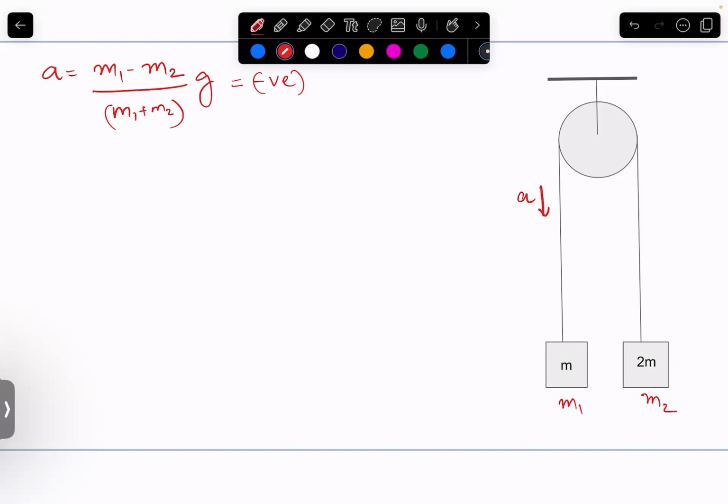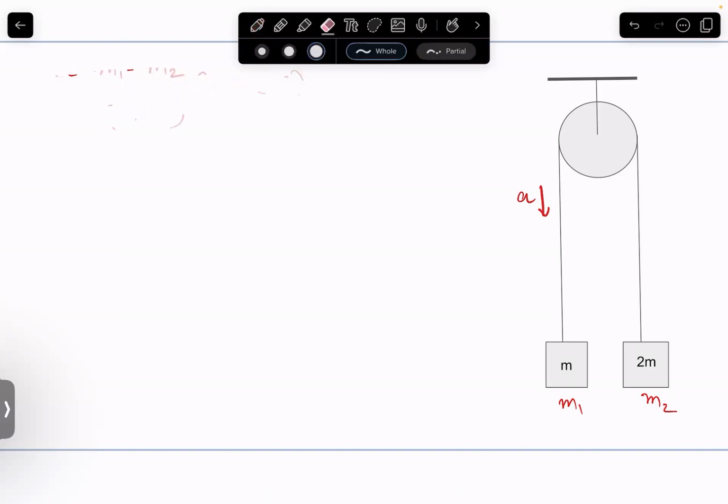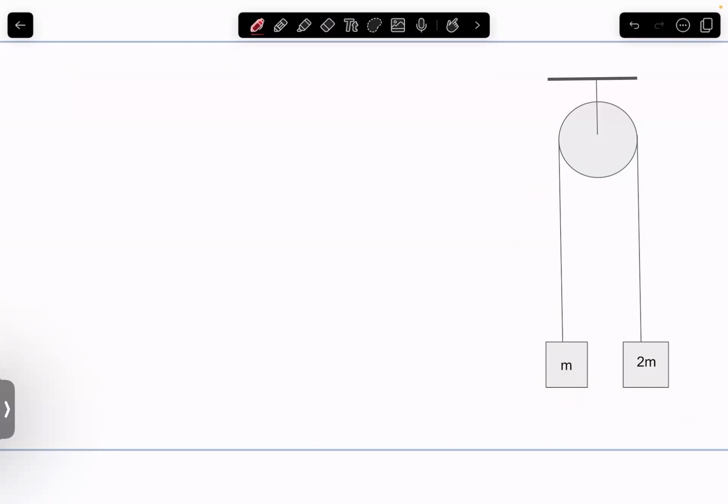So here, in this problem, you are supposed to find the acceleration of the system and the tension in the string.